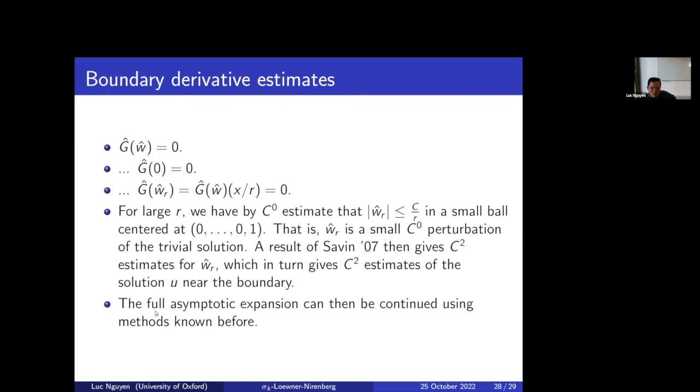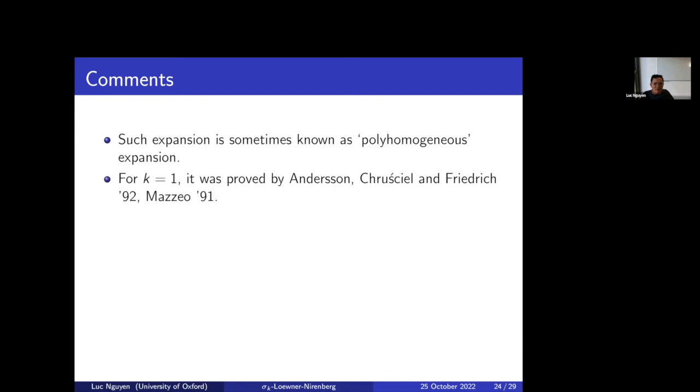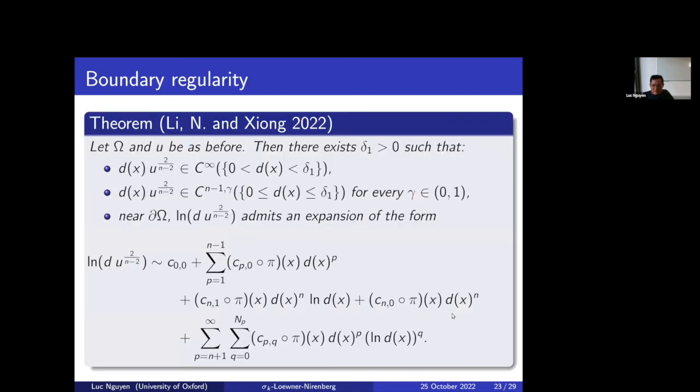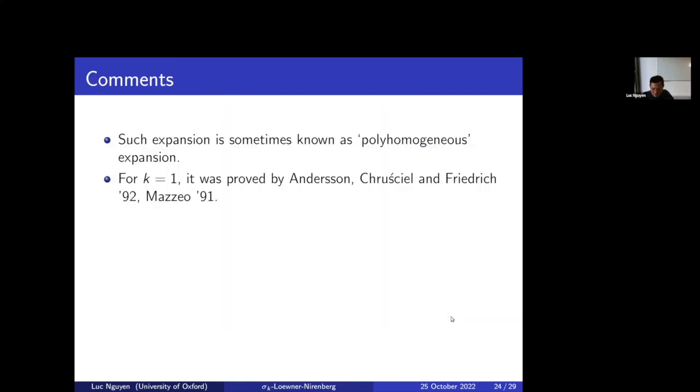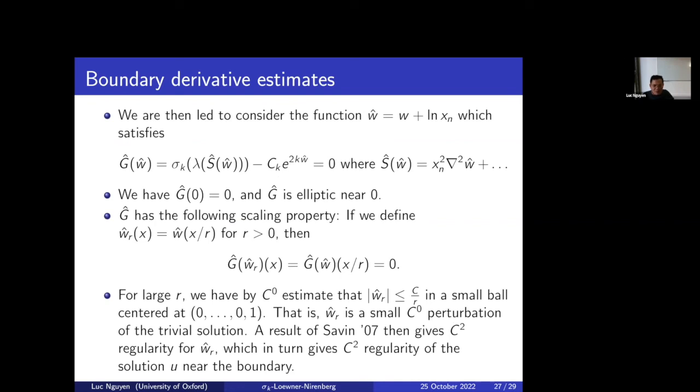And once we are at that level, then we can develop the full asymptotic expansion using methods known before, with only one small twist that is different from the case before, in the existence of this coefficient Cn0 here that I will not go into. I think it's a more technical point than a novel point. The novel point is the application of Savin's result using this renormalized variable.